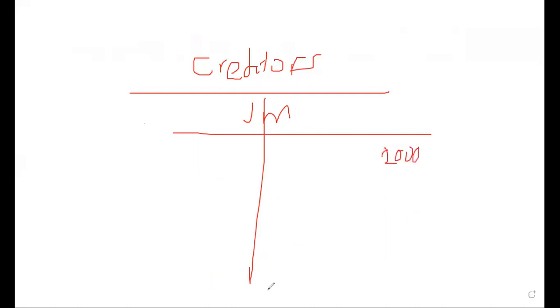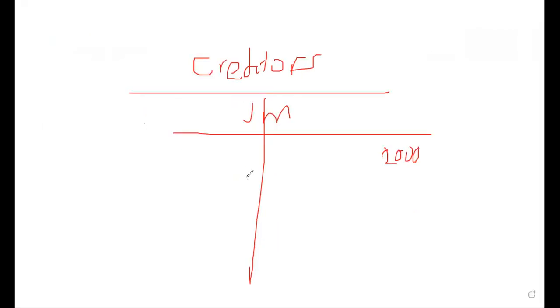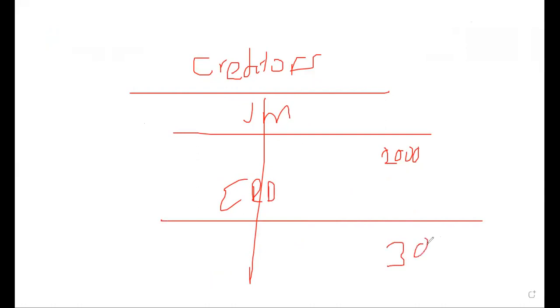The other creditor that we have is who? We have ERD 3000. So you can go to ERD as well. You put them under the same account, ERD 3000, until you total up your creditors, so that you have just one figure attached to creditors, maybe 5,000.